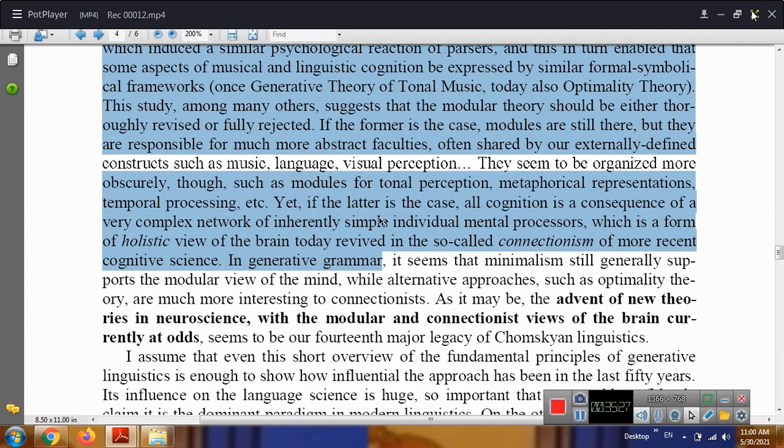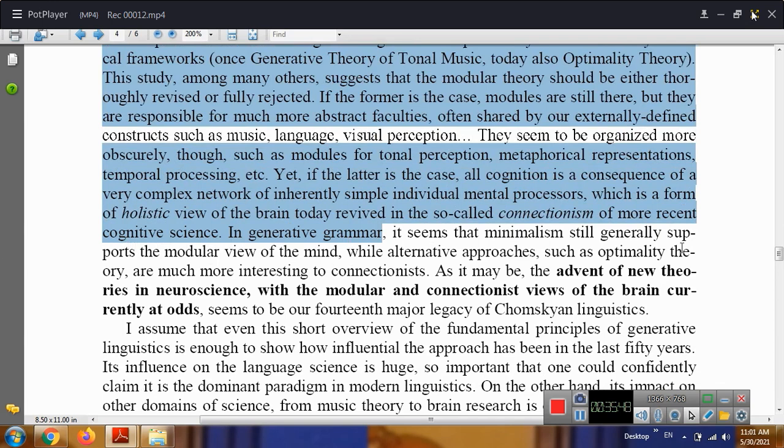Yet, if the latter is the case, all cognition is a consequence of a very complex network of inherently simple individual mental processors, which is a form of holistic view of the brain today revived in the so-called connectionism of more recent cognitive science.